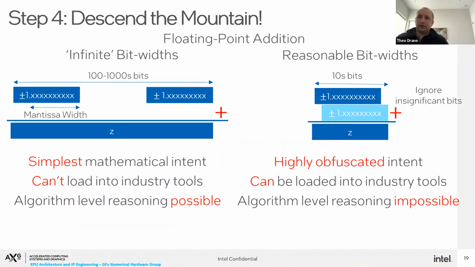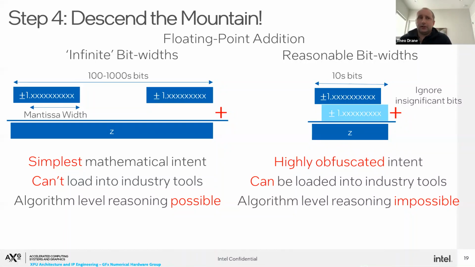So if I were to add and subtract these two fixed point numbers on the left, and I want to know where the significance is, well, you know that something down here has barely any significance, this is ignorable. And so you don't need hundreds of bits, you just need tens of bits.